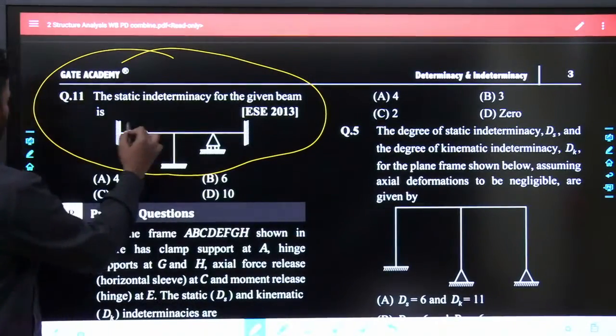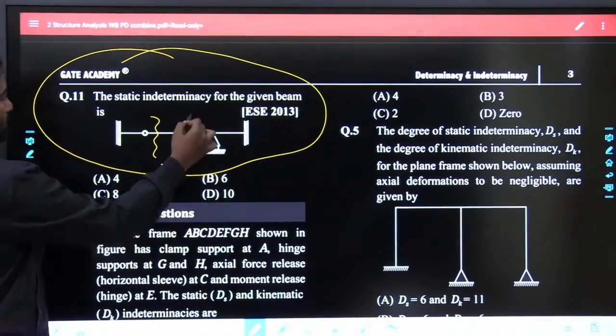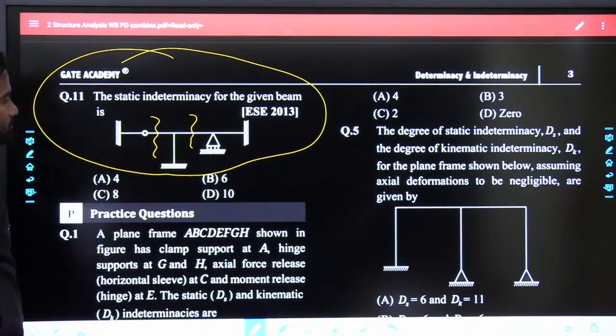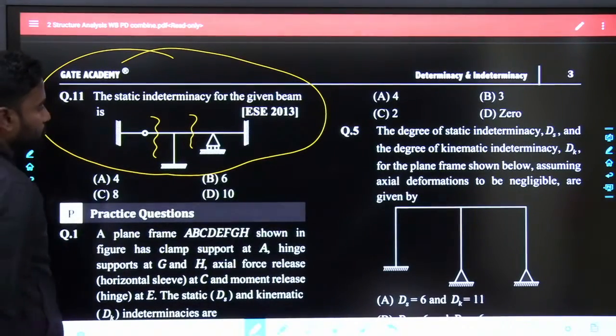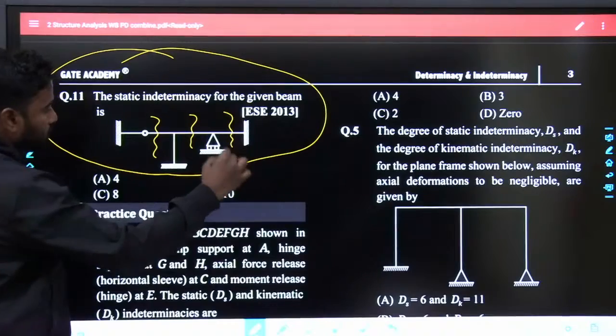I can solve it here for you. It's just 2 cuts. Actually 3 cuts.